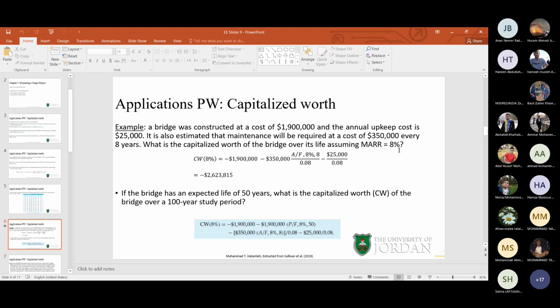Now, if I want to look at the cash flow diagram, لو بدي ارسم كاش فلو دياجرام راح يكون عندي 1.9 مليون at year 0. كل 8 سنوات راح يكون في عندي $350,000 وكل سنة حيكون في عندي $25,000. فبالتالي إذا بدي أحسب الكابيتالايزد وورث، 1.9 مليون it's already at year 0، فبالتالي أنا ما في عندي مشاكل. ال 25,000 اللي عم بتصير بشكل سنوي it's already an annuity. وبما إنها annuity, to calculate the capitalized worth, it would equal the annuity divided by the interest rate.